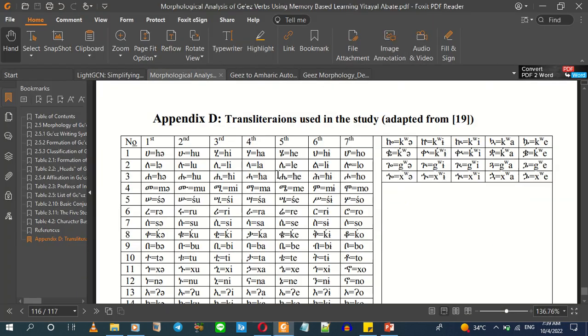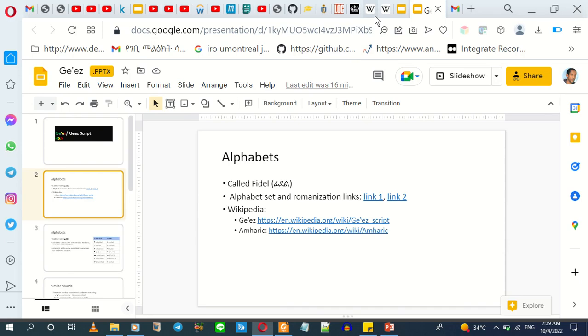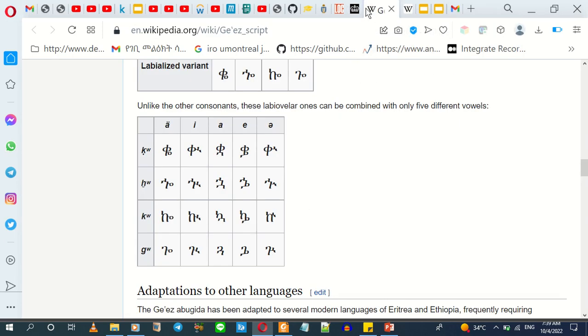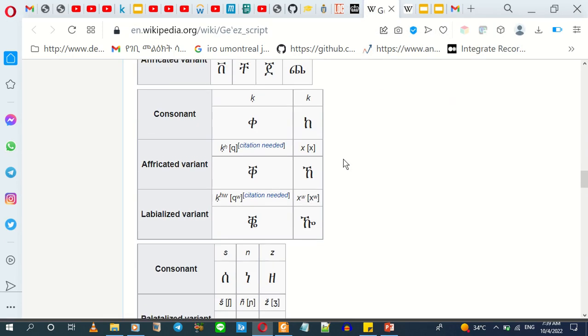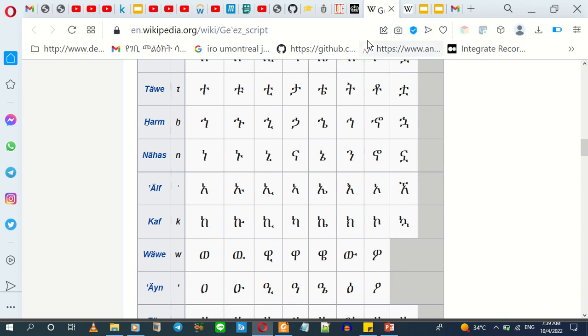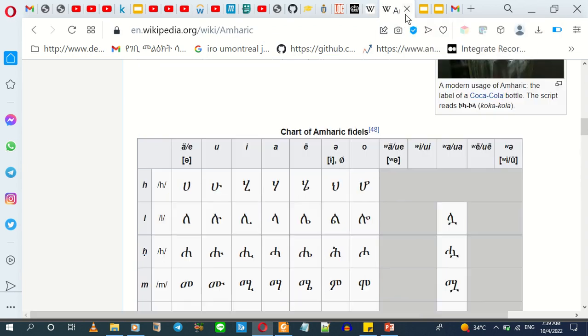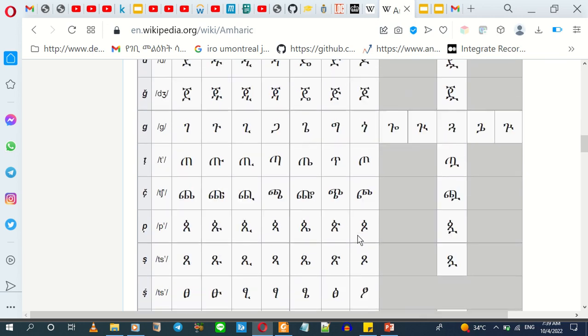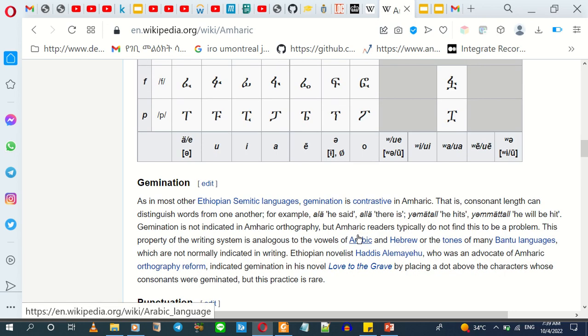Even if they are related, they have some differences. This is about Ge'ez, and we can refer to Wikipedia, which has a very good explanation. This is the set of Amharic, which is derived from Ge'ez. Ge'ez is the base for the development of Amharic.